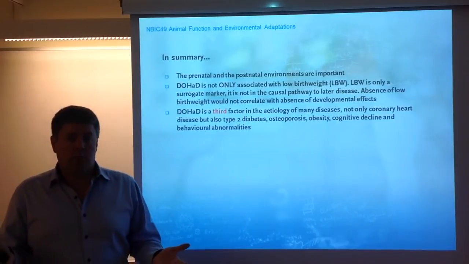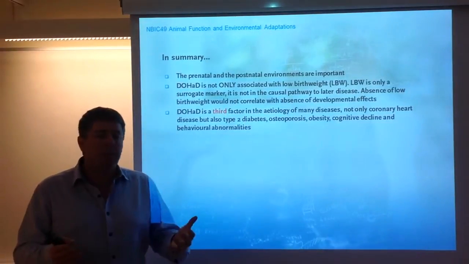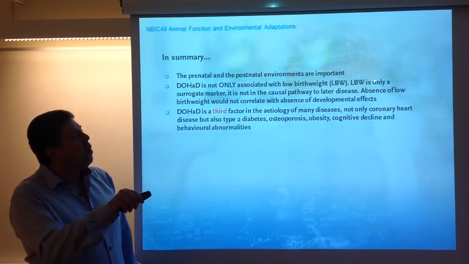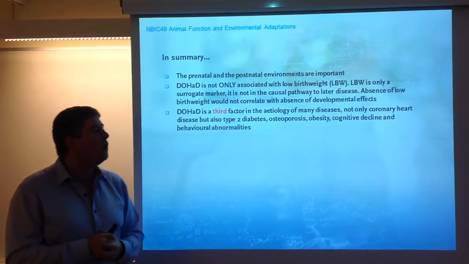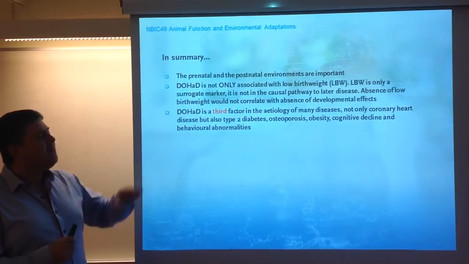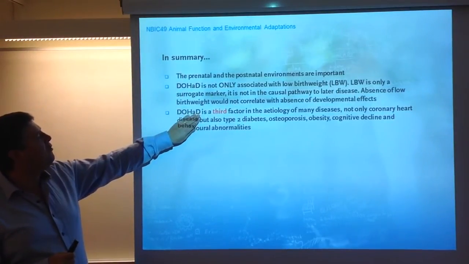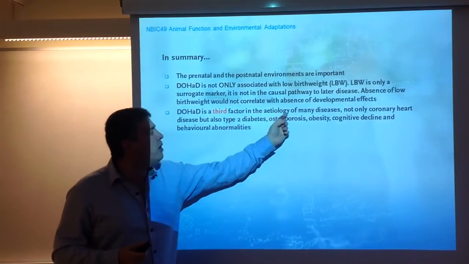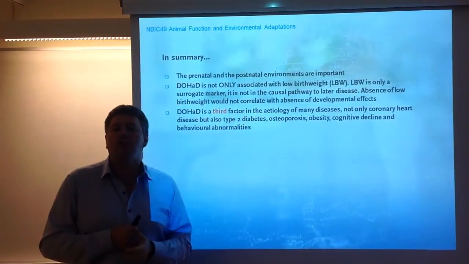Obviously not. There can be other risks. The original studies pointed out that low birth weight was important, but there are other factors that are important. Finally, the developmental origins of health and disease reflect on a third factor in the etiology, the origin, of many diseases.